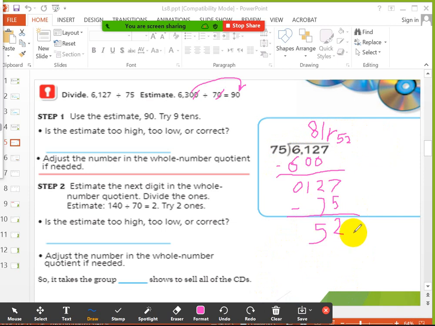So what I have to do, I will leave these CDs with the group? No, I have to sell all the CDs, right? So I have to do another show at the last. When I finish 81 shows, thank you, Larissa, I have to do another show to sell those 55 CDs.